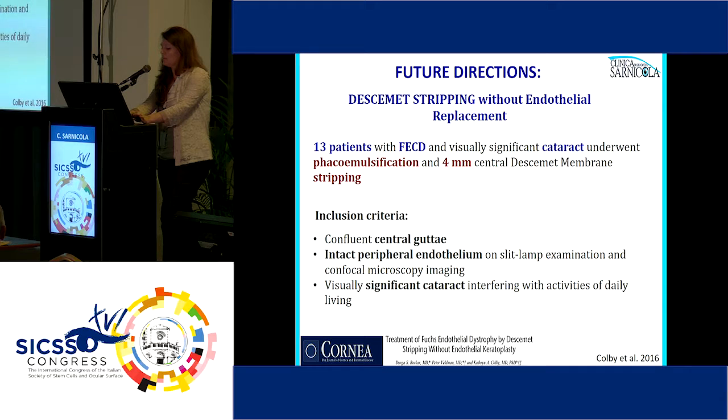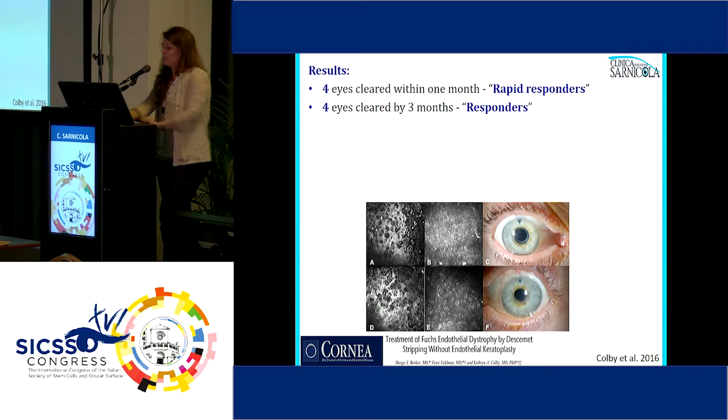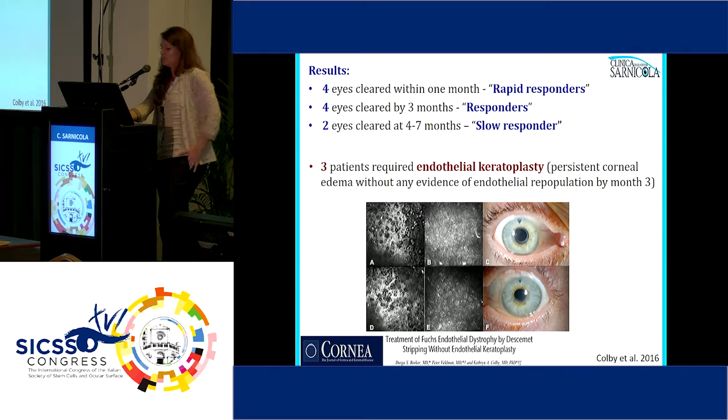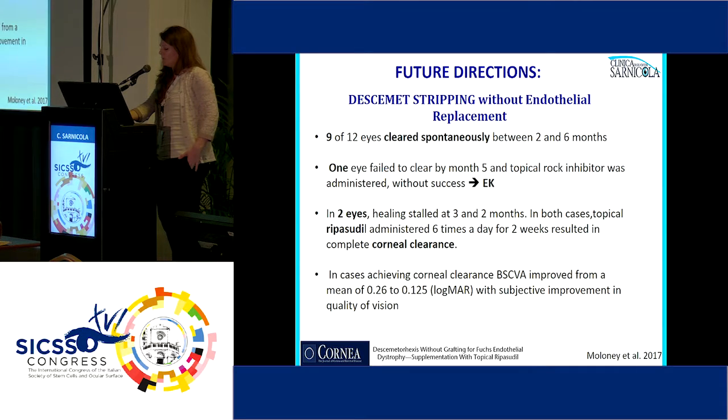This study on 13 patients with ECD had 75% positive outcome, and 3 patients instead required endothelial keratoplasty. Another study by Moloney, 75% success rate, and in the 3 patients who were not responsive, the ROCK inhibitor was used.